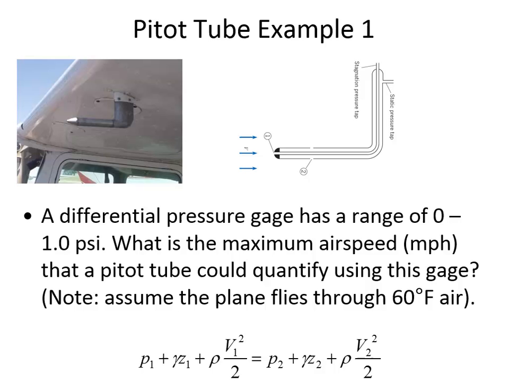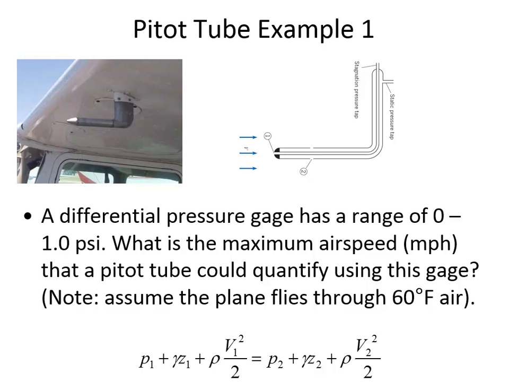That is 1 pound force per inch squared. We can multiply that by 144 square inches per square foot, and we get that the maximum change in pressure that can be measured is 144 pounds of force per foot squared.